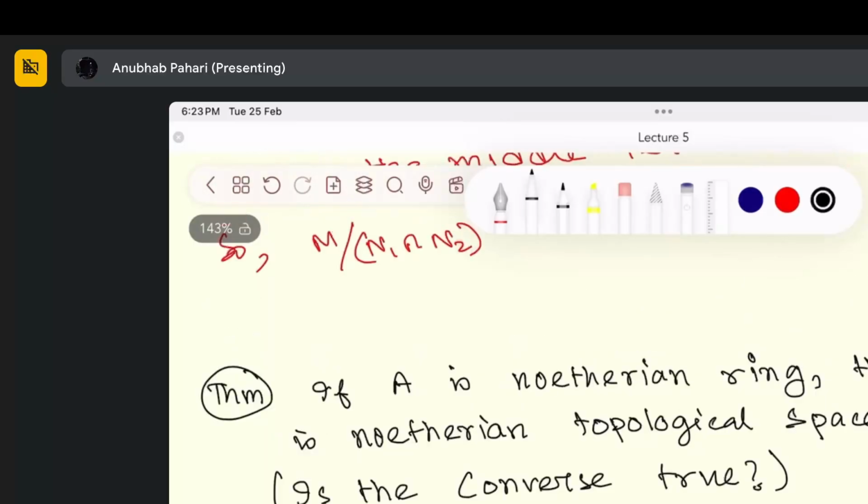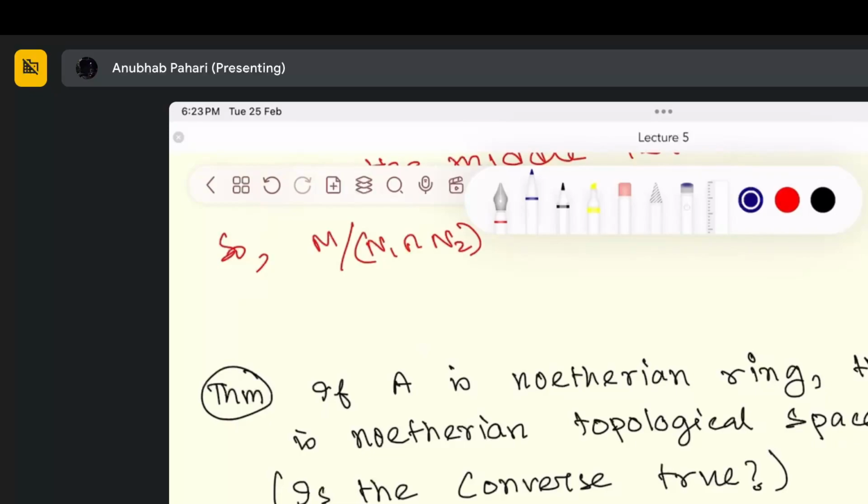So first we will introduce the definition of a Noetherian topological space.